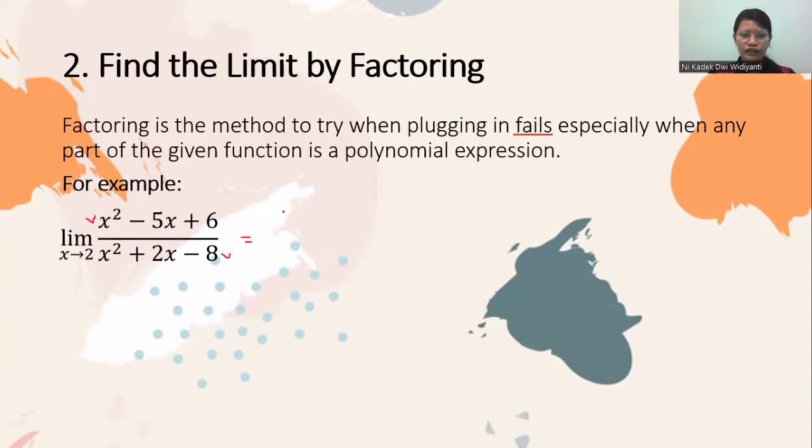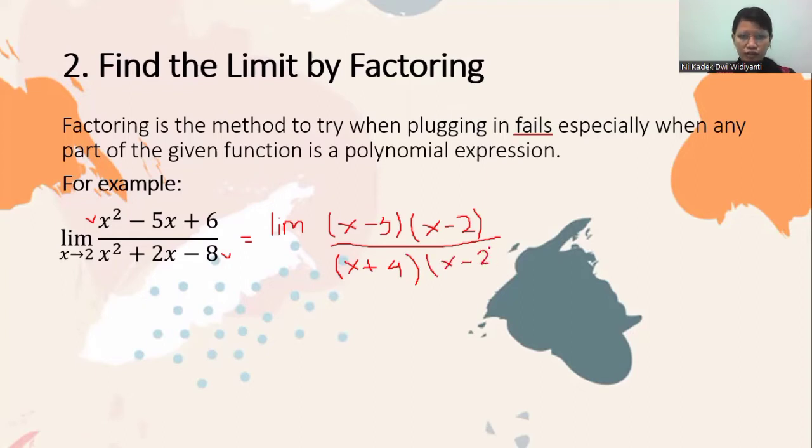The factor of the first function is x minus 3 multiplied by x minus 2, divided by the factor of the second function, x plus 4 multiplied by x minus 2, as x approaches 2.